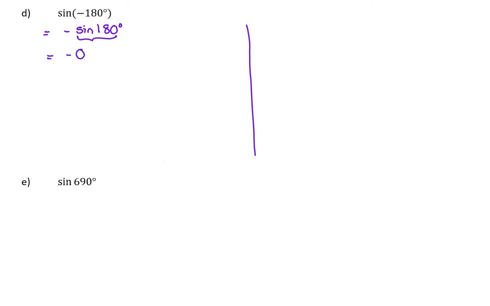So this is negative 0, which is 0. Or if I add 360 to negative 180, I'll get to 180. So sine of negative 180 would be equal to sine of 180, just by adding 360 degrees. And sine of 180 is 0. Don't forget that for any axis, you're allowed to use your calculator.